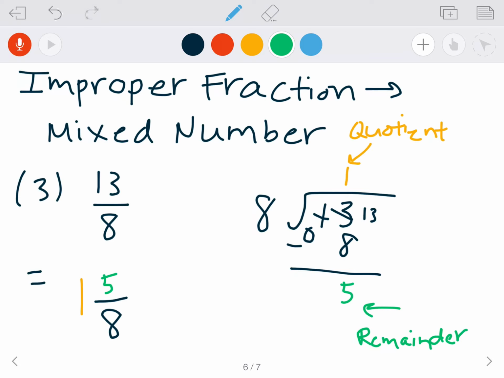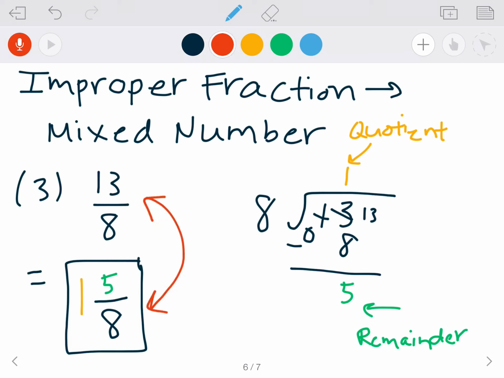No. Does 5 go into 8? Not perfectly. Does 8 go into 5? No, it's too large. Do 5 and 8 share a common factor? Just 1. So we are done. And please note that 13/8 and 1 5/8 are again the same number in a different form.